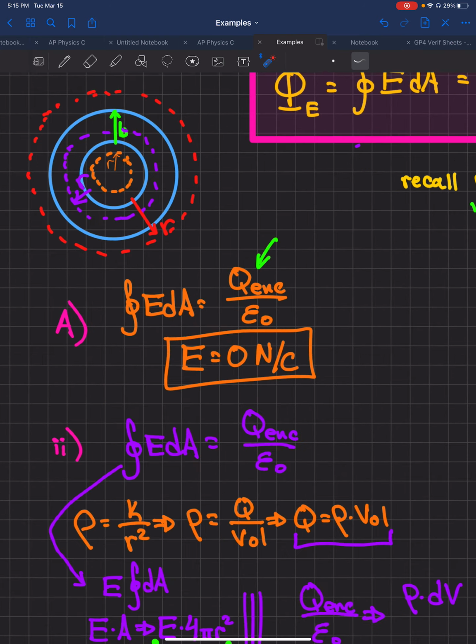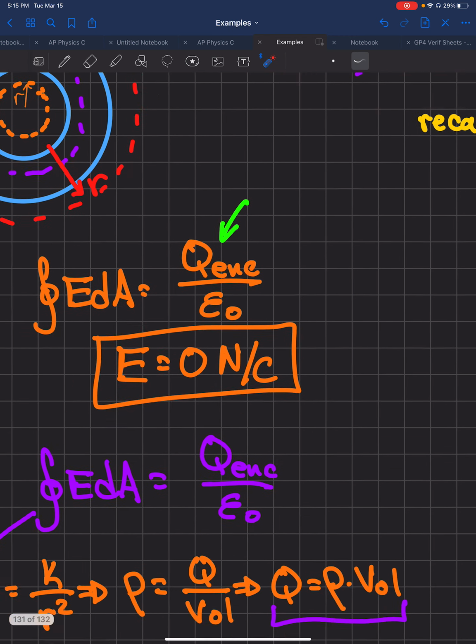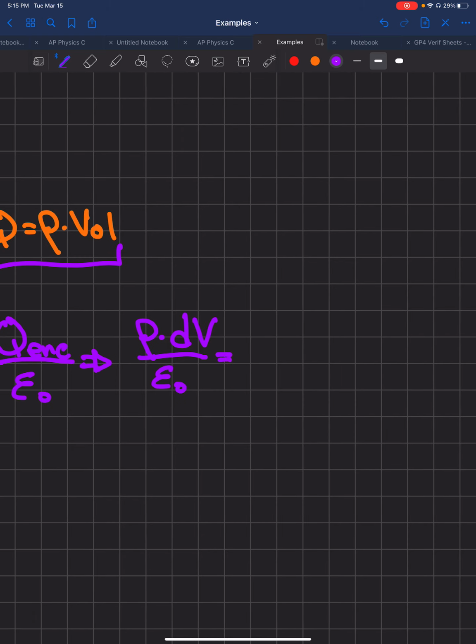That's because we're not talking about the total volume. We're only talking about the volume enclosed by this Gaussian circle. So I'm going to label that as dV. And then we still have our epsilon naught over here. I can rewrite this because I know that rho is equal to k over r squared. And then we still have that dV.